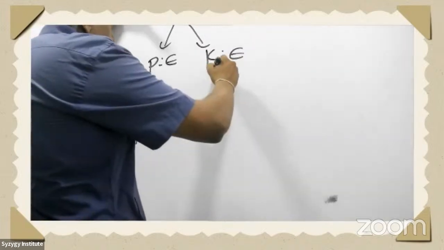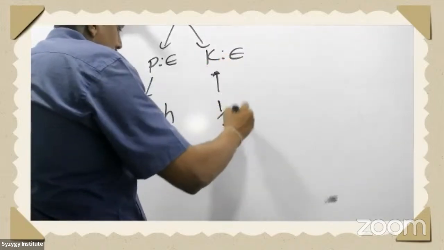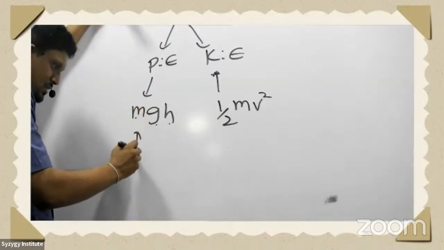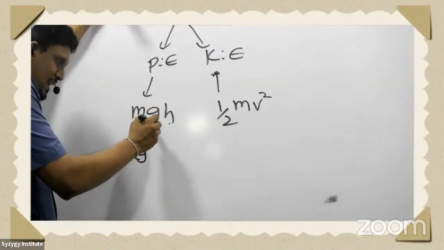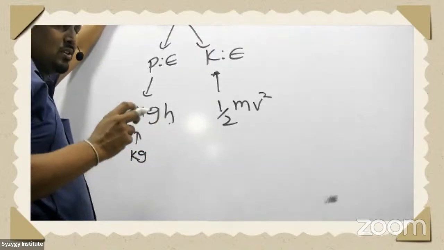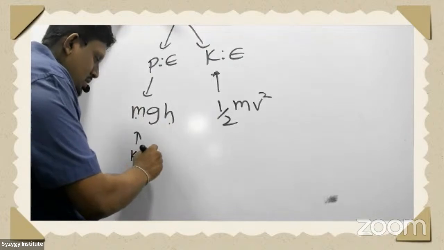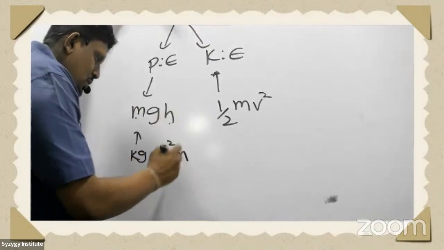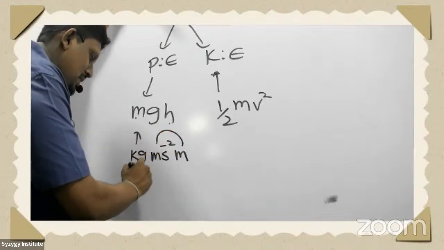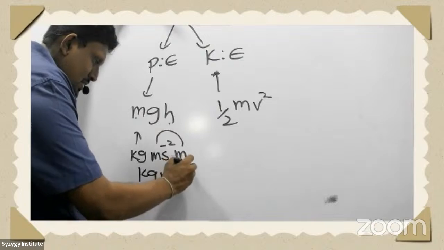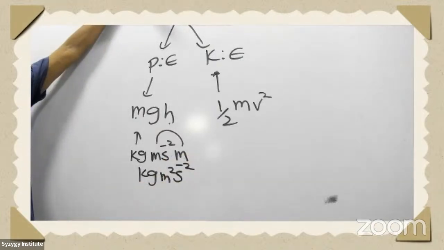Then kinetic energy, half mv squared. Mass in kilogram, gravitational acceleration in m s minus 2, and height you can consider as length, then you will get kg m squared s to the power minus 2.